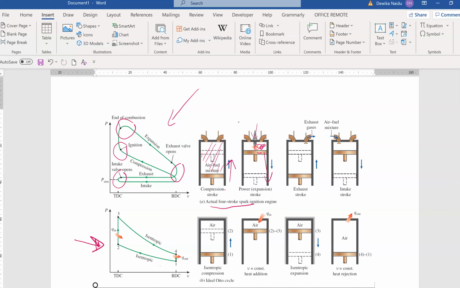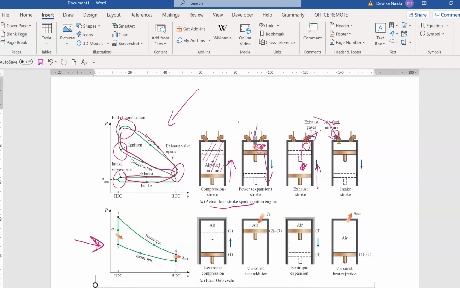Once it's forced down, you have to remove the exhaust. So the piston starts moving up and the exhaust valve opens. The combusted air and combusted petrol move out through the exhaust valve. Then we have the new intake again, the air and fuel mixture coming in, and the cycle carries on going.